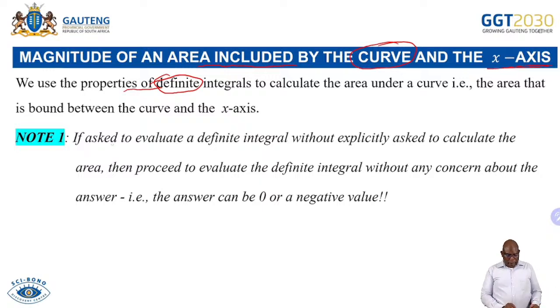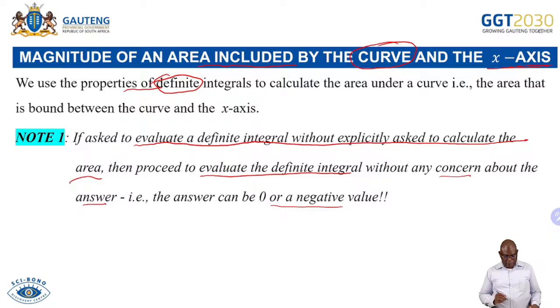Right. If I'm asked to evaluate a definite integral without being explicitly asked to calculate the area, then proceed to evaluate that without any concern about the answer. The value can be 0 or a negative value in this case. So let's check the second one.